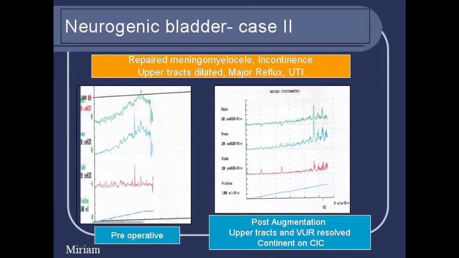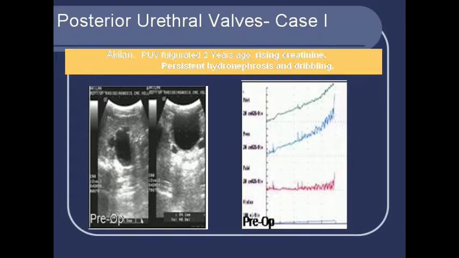So we decided this child is not for conservative management. We did an augmentation cystoplasty in view of the upper tract dilatation, major reflux and UTI, and everything resolved, and she's going to school and she's continent on CIC, and the cystometrogram shows a nice response to augmentation. So you have to choose the case.